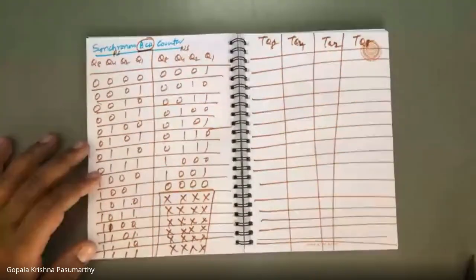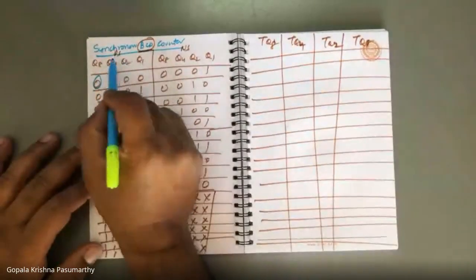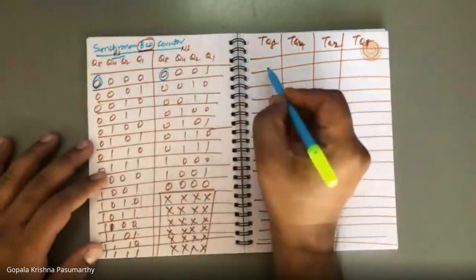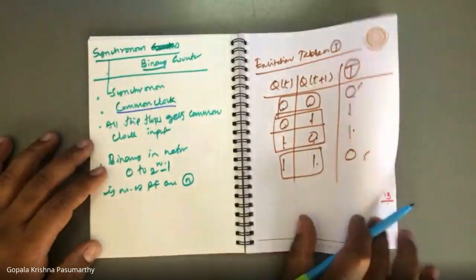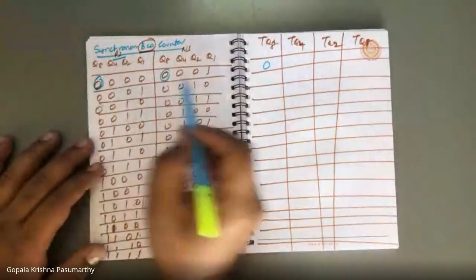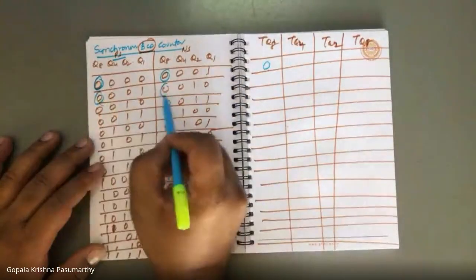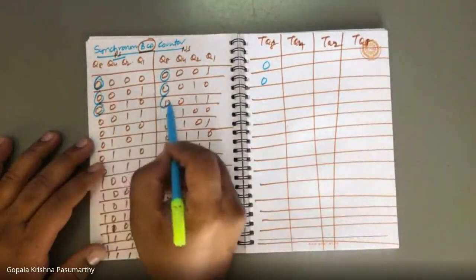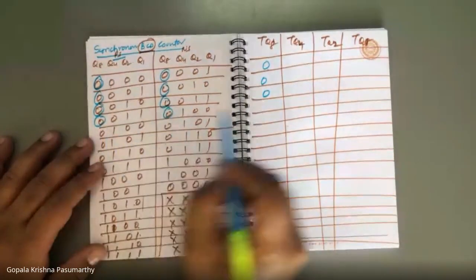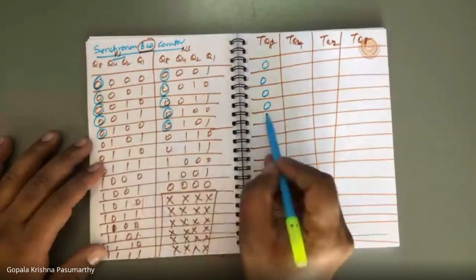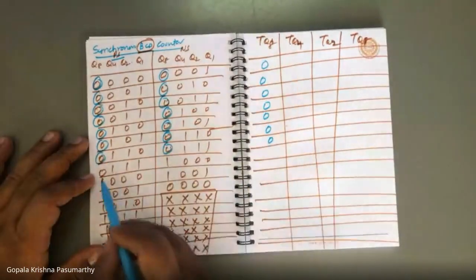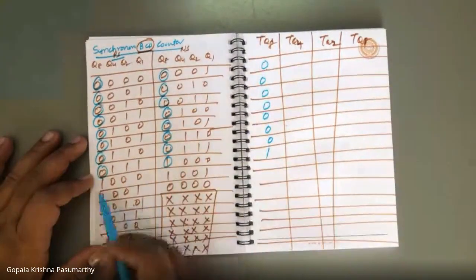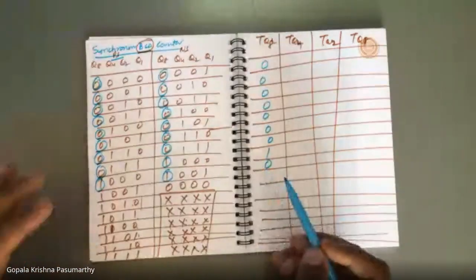See, now we have to write for Q8. The present state is 0, next state is 0. So we know when present state is 0 and next state is 0, T is 0, meaning present state and next state are the same. So 0, 0, 0, and so on, until the present state 0 goes to next state 1 which gives 1, and then 1, 1 gives 0.